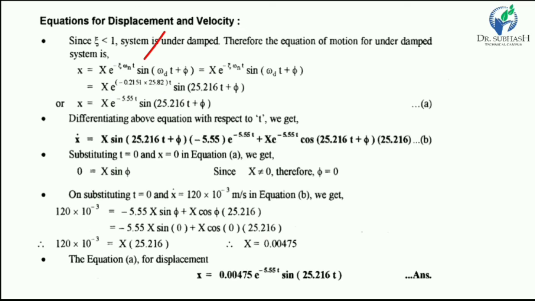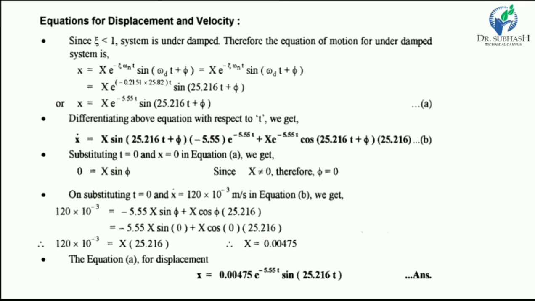Now put all the known values in this equation and simplify, and finally we get equation A as shown in the slide: x is equal to capital X e raised to minus 5.55t sine of 25.21216 t plus phi. Here two constants are there, phi and capital X.